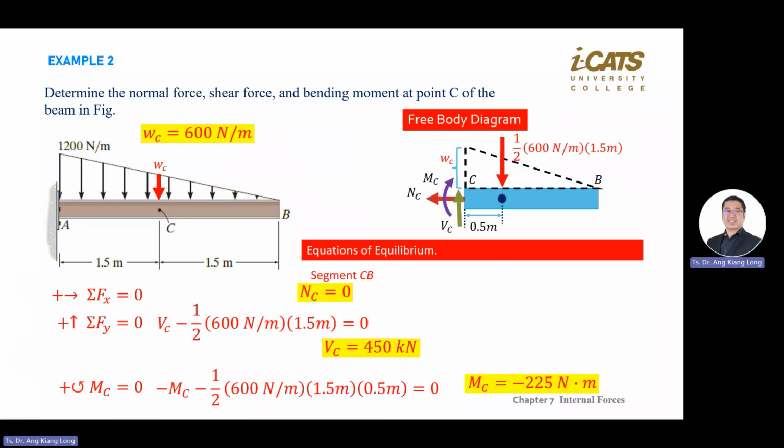Here, how do you go about this one? Let's say you follow the same answer and then you arrive at MC. You get MC equal to negative 225 Newton meter. Next, what you write here is MC equal to 225 Newton meter. Here is what? Clockwise, right? Here you convert to positive, it becomes anti-clockwise. You can stop at this one also, but it depends on Dr. Nurul.